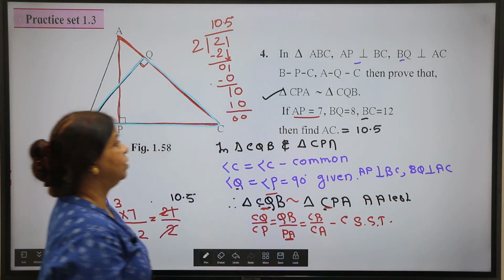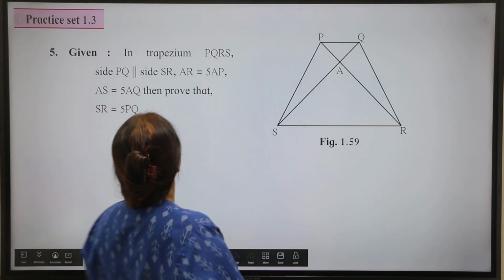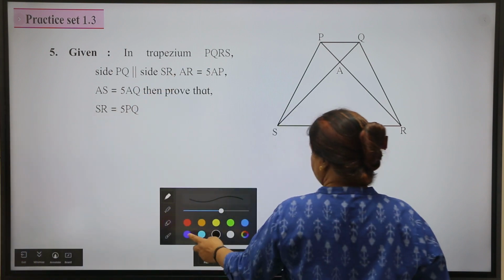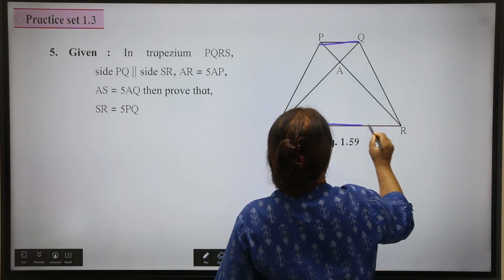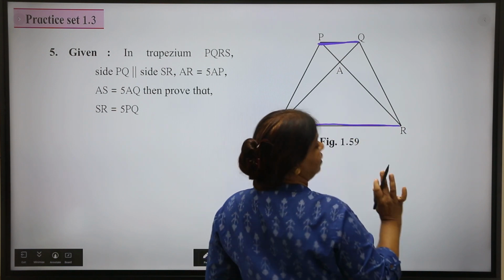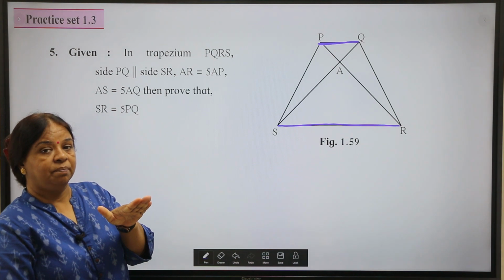You can pause the video and solve the sum, children. Fifth sum. Here this is the trapezium. This figure is a trapezium. These two lines PQ and SR are parallel in a trapezium. One pair of opposite sides will be parallel to one another.